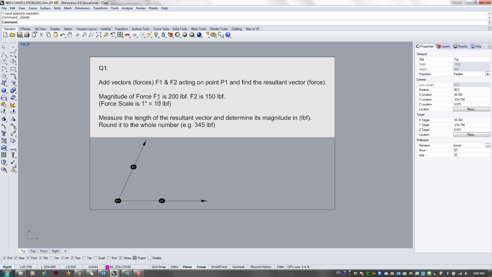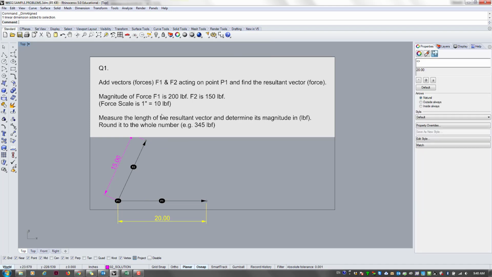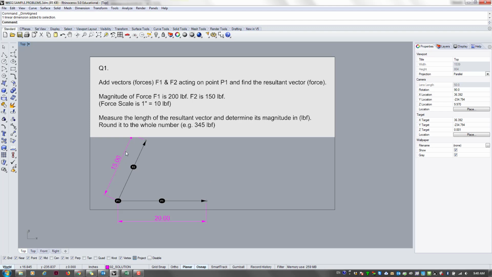Magnitude of force F1 is 200 pound force, F2 is 150 pound force. How do we know that? This is 20 inches. This is 15 inches. So if 20 inches represent 200 pound force, the force scale has got to be 1 inch equal 10 pound force, right?